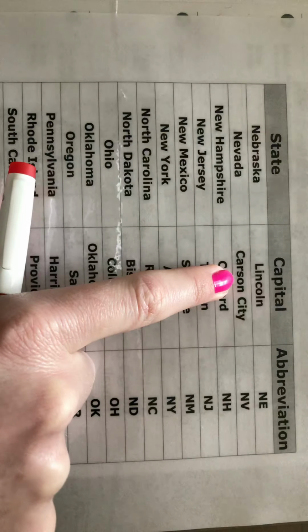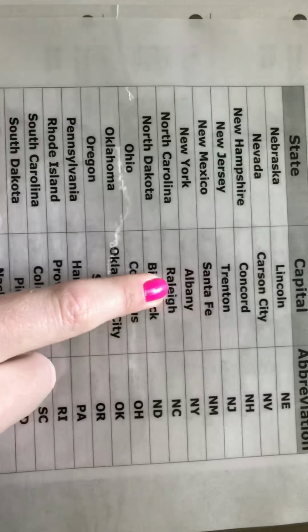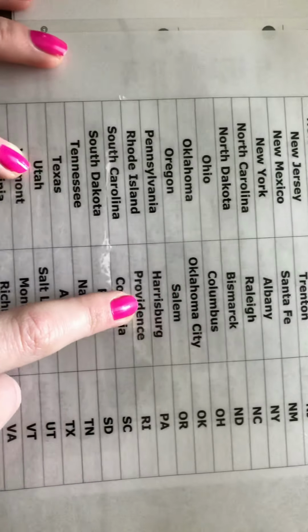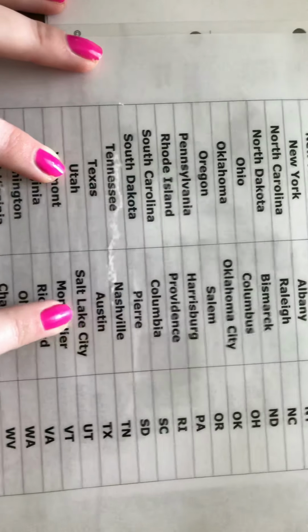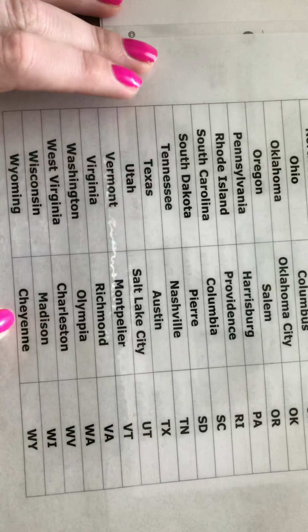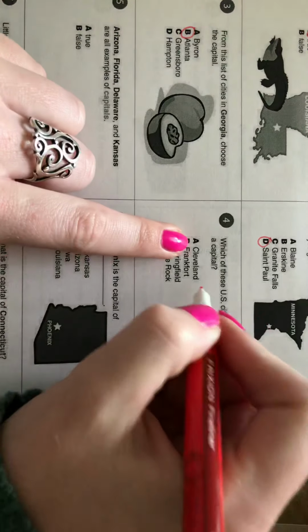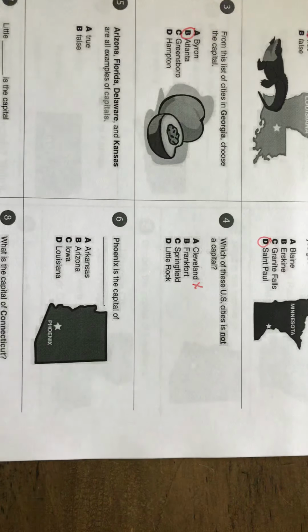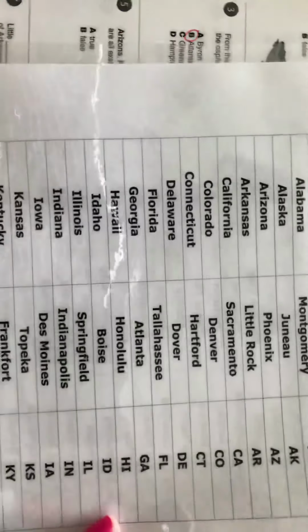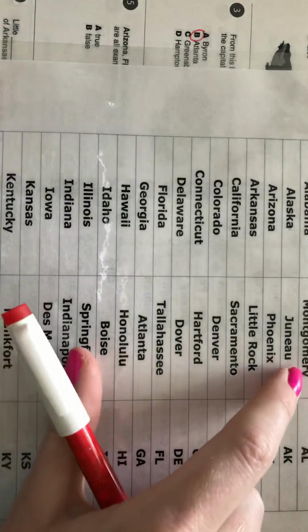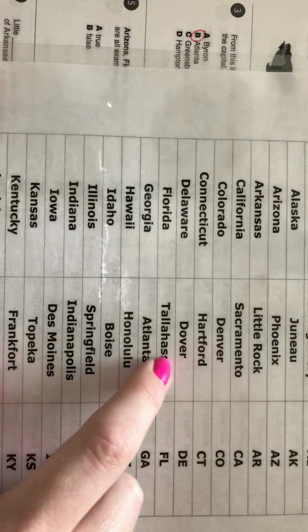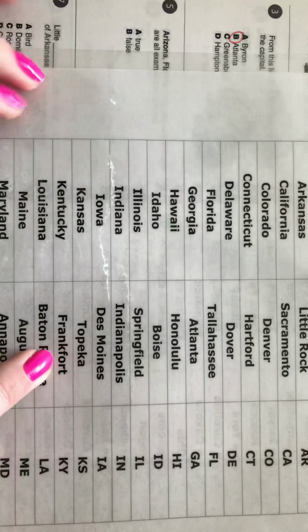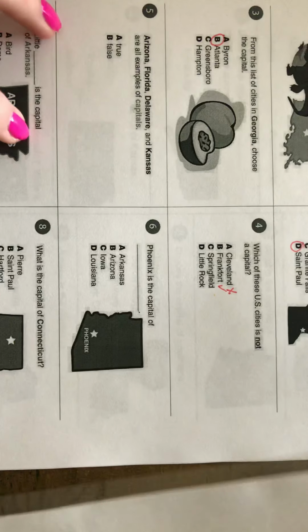Look at page 2. Okay, we've got Carson City, Concord, Columbus, Columbia, Charleston, and Cheyenne. Okay, so no to Cleveland. All right, we're going to double check. We're going to find Frankfort, starting with an F. Oh, Frankfort is the capital of Kentucky, so I'm going to put a check mark there.